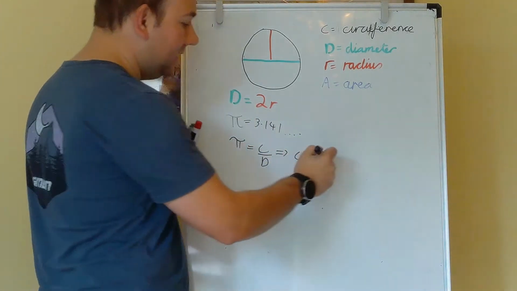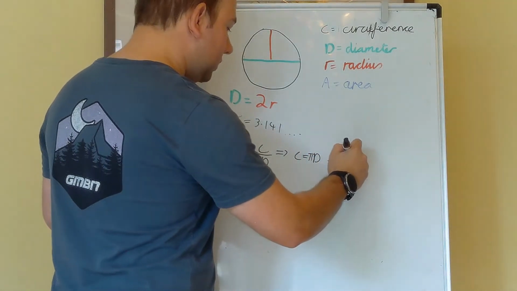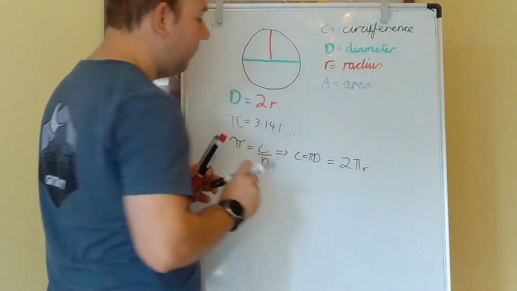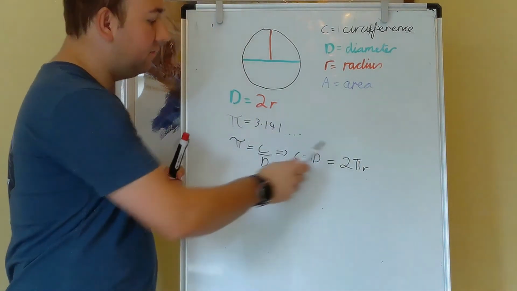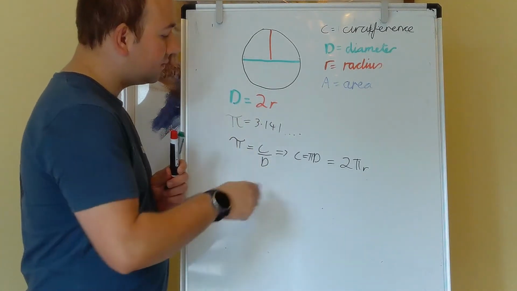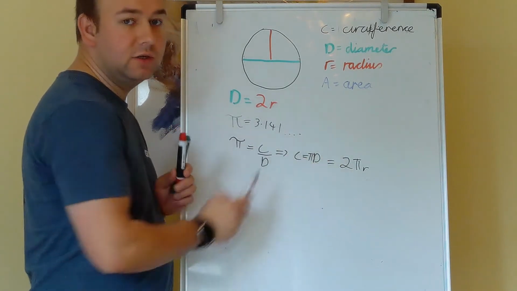And we can replace that d, if we wish, with 2r, so we can have 2 pi r. This is the formula that allows you to find the circumference of a circle if you know either the diameter or the radius.